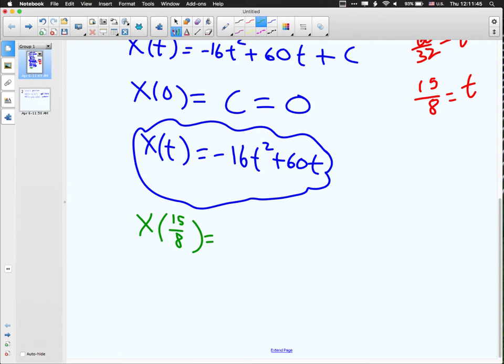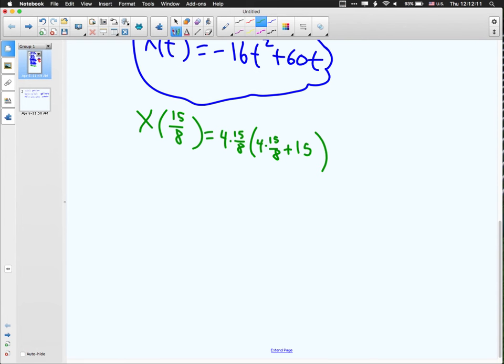Yeah, I could pull out a 4t. Whatever that messy looking thing is.